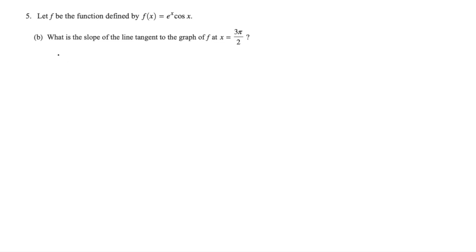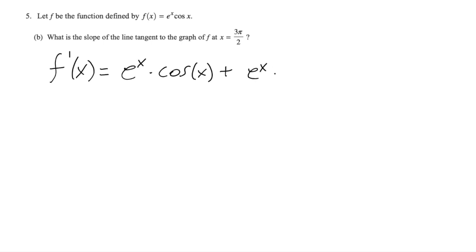The first thing we need to find is the derivative of the function. And as I said before, this is a product, so we need to apply the product rule, which is the derivative of the first one, e to the power of x, times the second one, plus the first one, as it is, times the derivative of the second one.